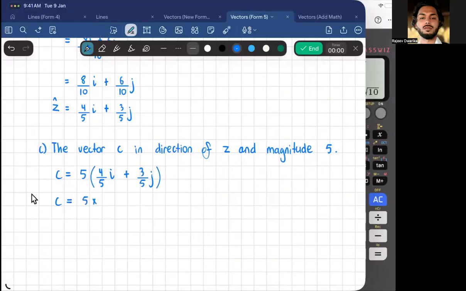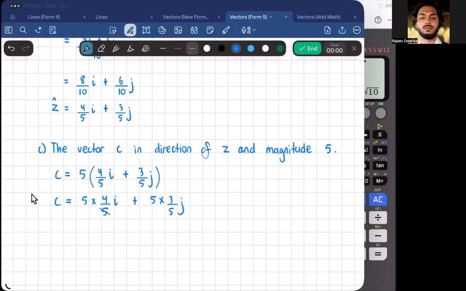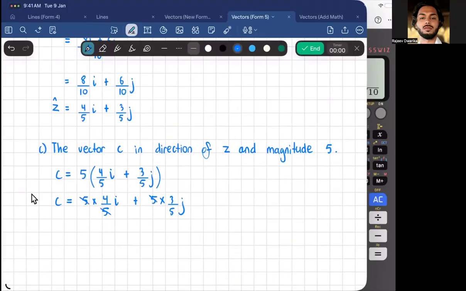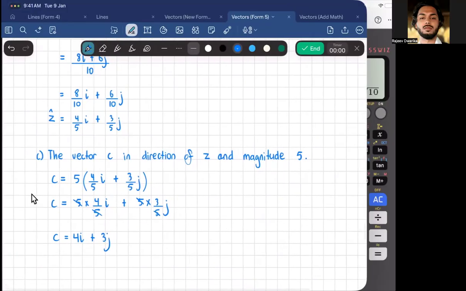So 5 multiplied by 4 over 5 i, and then plus 5 multiplied by 3 over 5 j. So the 5 and the 5 cancel off there, and cancel off over here. So c will be equal to 4i, right, plus 3j. Let me know if you understand that.